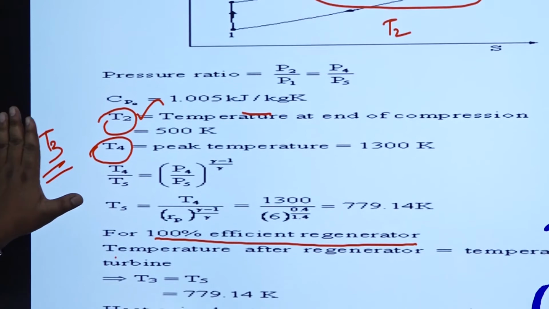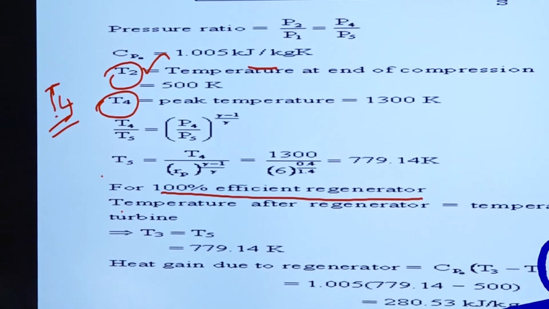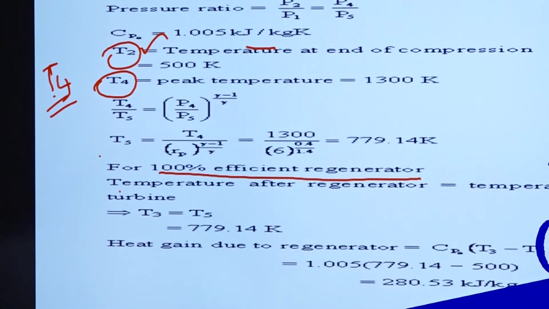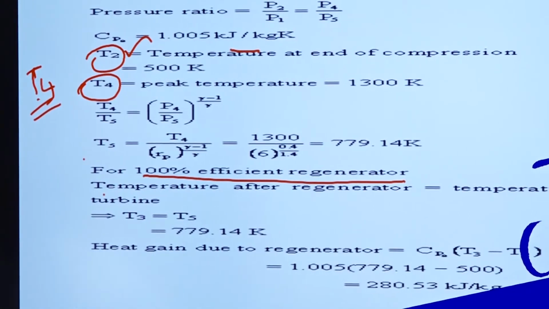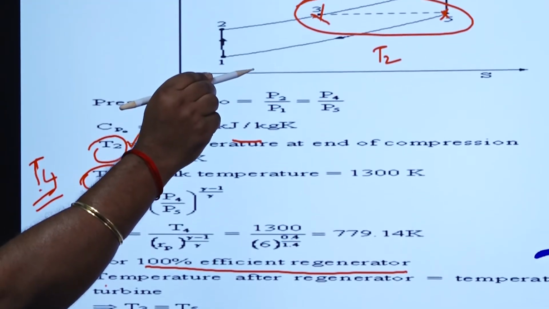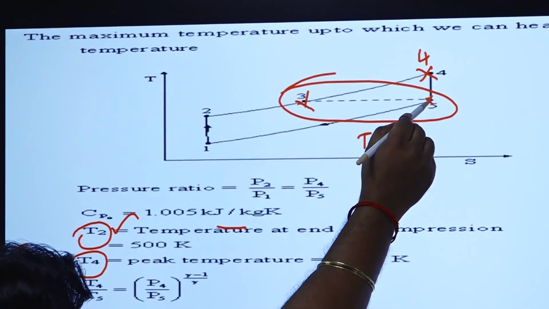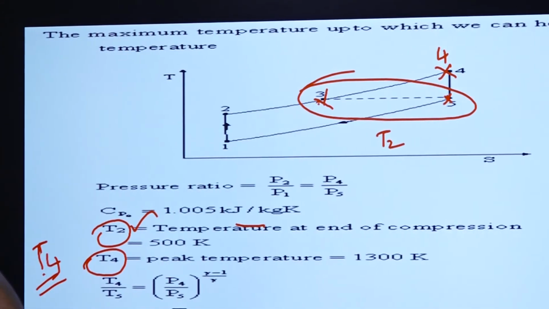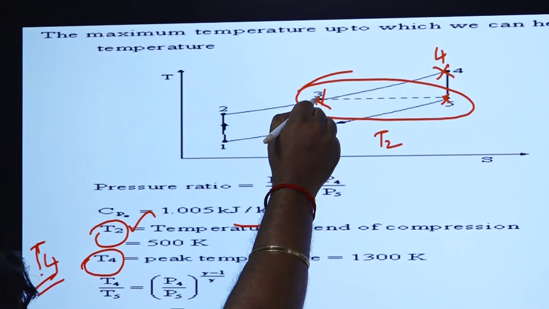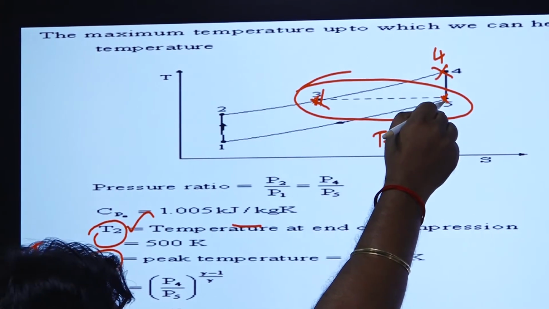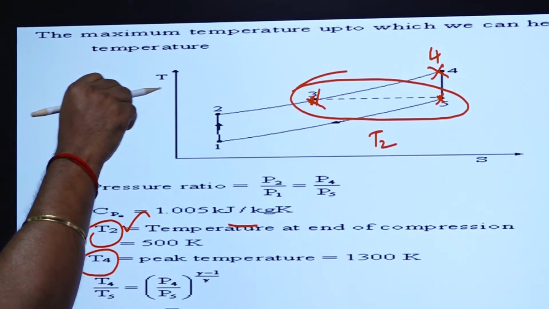So now, instead of T3, you are going to substitute T4. T4 is given to you, it is 1300 Kelvin, and T2 is also given. Now use the P-V-T relation for 4 to 5. If you find the value of T5, that will be equal to T3, because the temperature after regeneration should be equal to the temperature of the exhaust from the turbine.